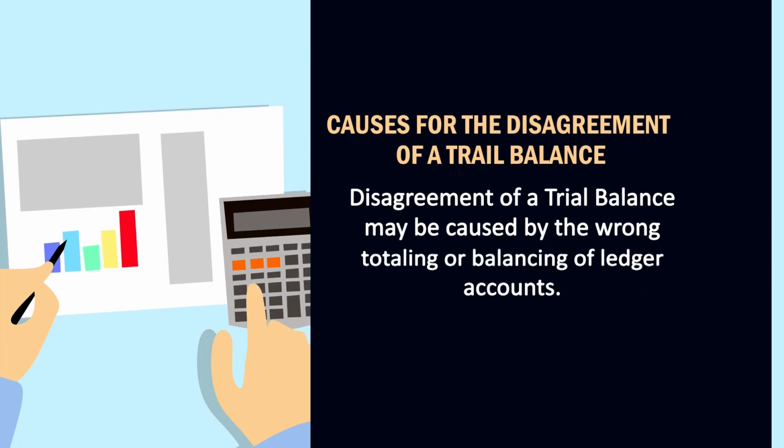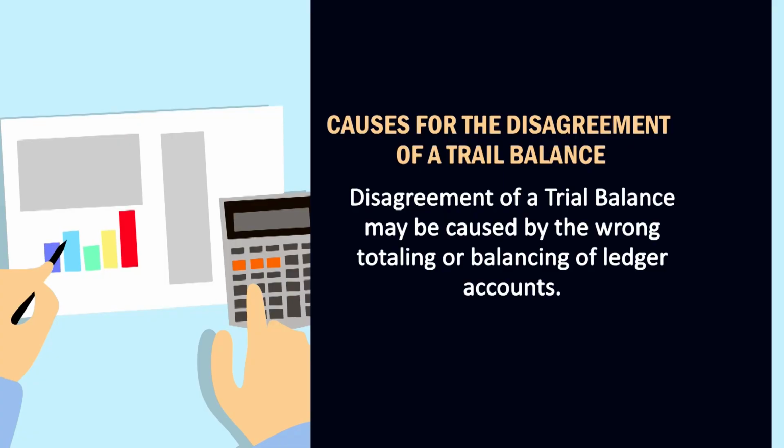Then the next one is disagreement of a trial balance may be caused by the wrong totaling or balancing of a ledger account. Yes, this is again one of the prominent reasons for the trial balance not agreeing. Sometimes what happens is that while making a total of the ledger account, if we make a mistake, if we make a wrong total of a particular account, then the trial balance will not agree.